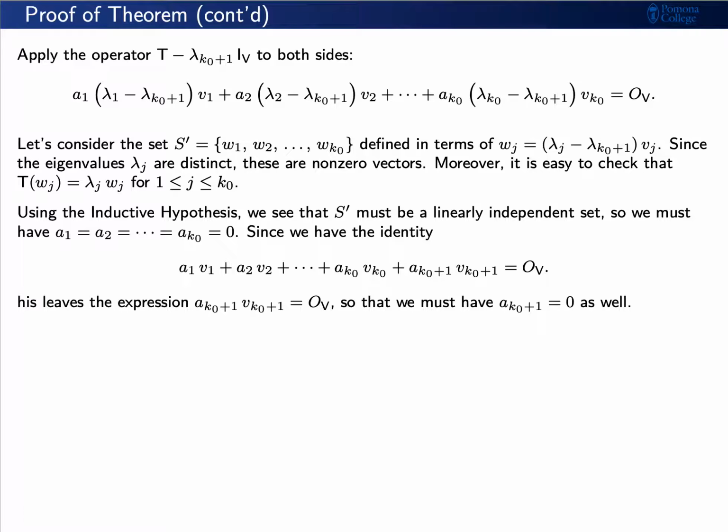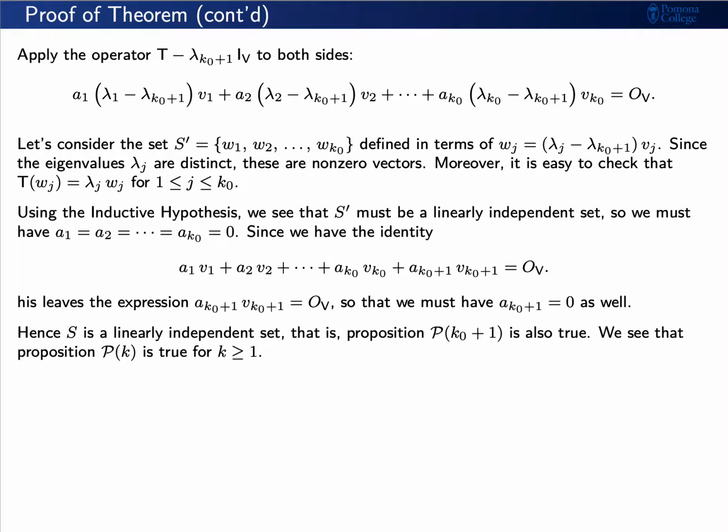Indeed, recall that v k0 plus 1 is not the zero vector. So this proves that our set S is indeed a linearly independent set, showing the proposition P of k0 plus 1 is true. This means that the proposition P of k must be true for every positive integer k.